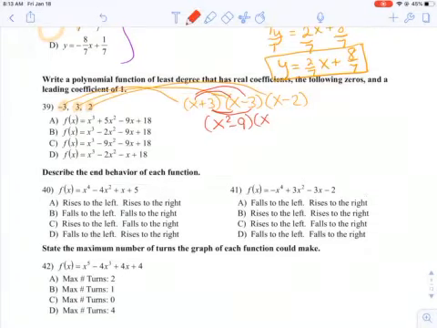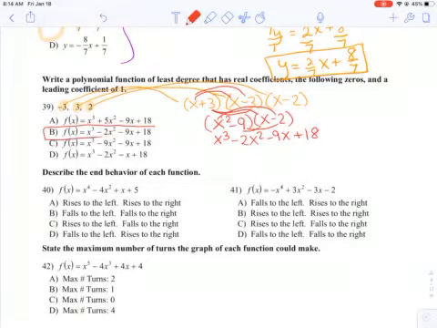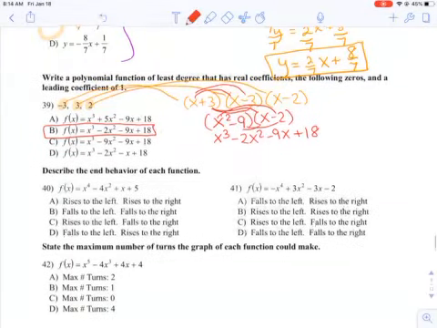And then you're going to multiply that by this, so you have x cubed minus 2x squared minus 9x plus 18. And so then you look at your answers and you see that that is this guy right here. All right.